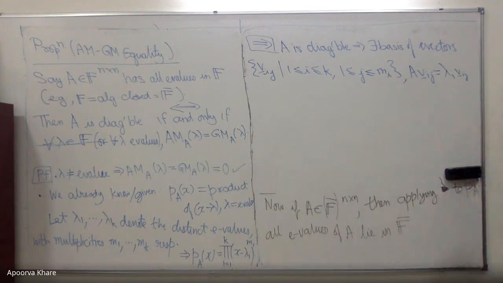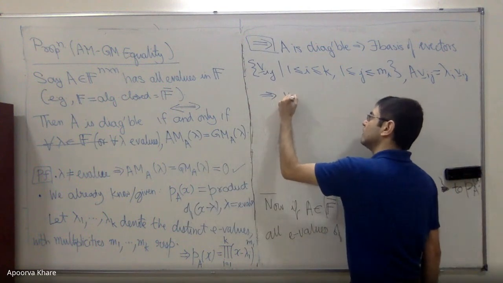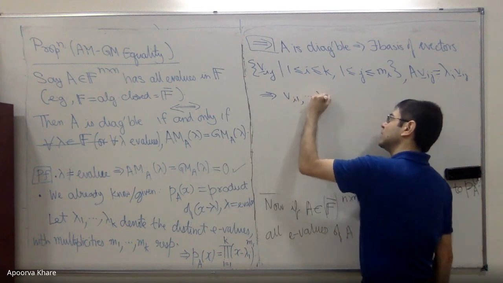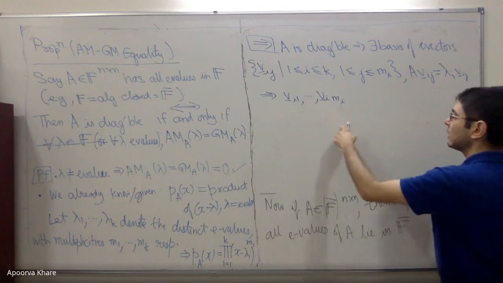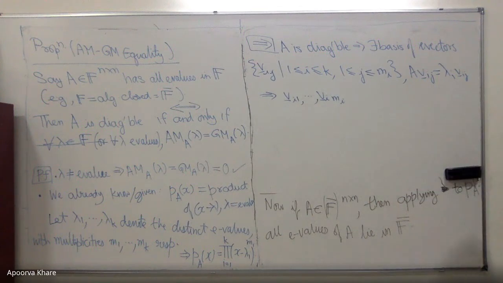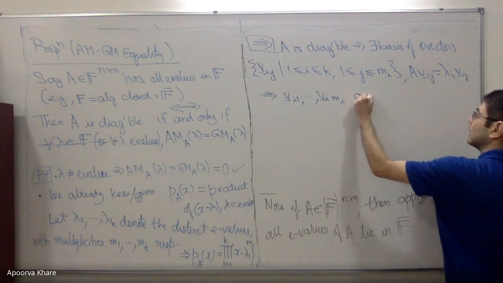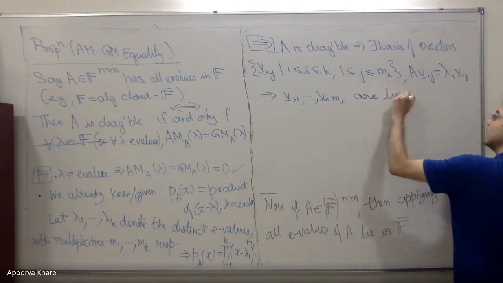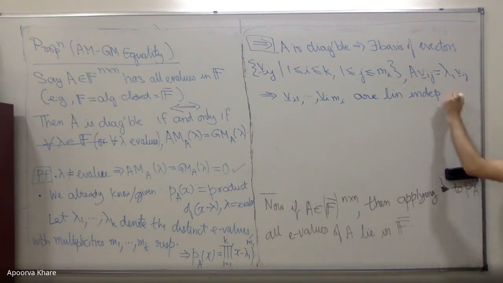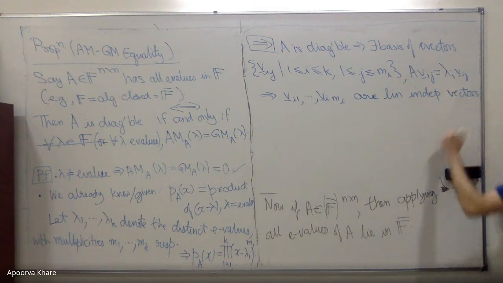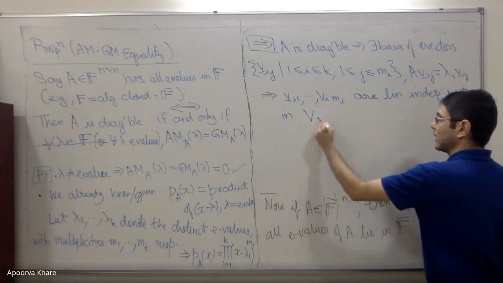Now what do you do? Well, that means that I have at least V_i1 through V_i,m_i. These are linearly independent vectors in V, so in the eigenspace of lambda_i.